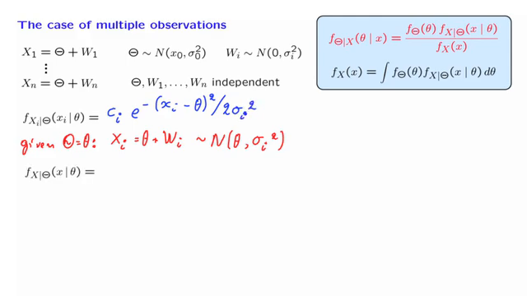Let us move next to this distribution here. This is a shorthand notation for the joint PDF of the random variables x1 up to xn, conditional on the random variable theta. So it's really a function of multiple variables. And how do we proceed now? Here is the crucial observation.